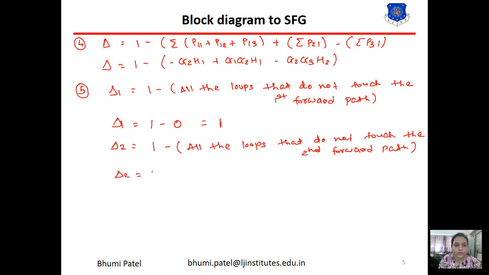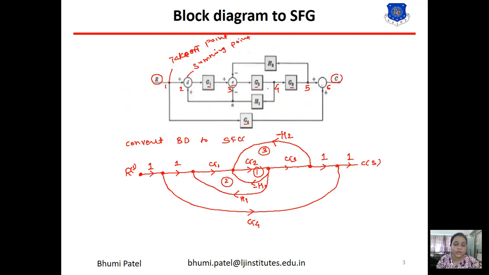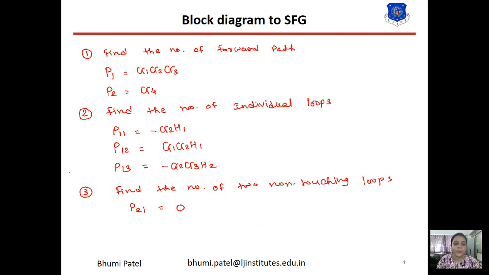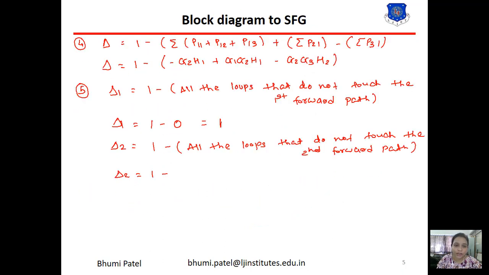So delta 2 is equal to 1 minus, here you can see that G4 is our forward path 2. So loops number 1, 2 and 3 do not touch the G4 forward path. So we can write this as 1 minus G2 H1 plus G1 G2 H1 and minus G2 G3 H2.